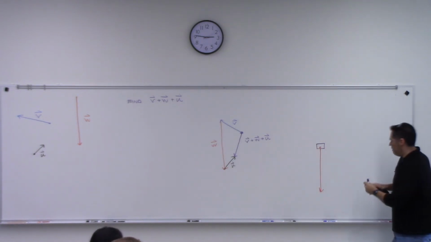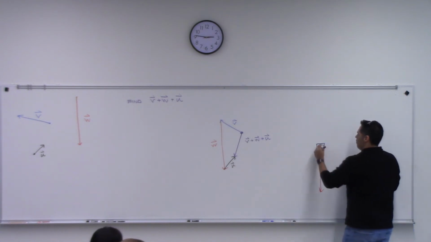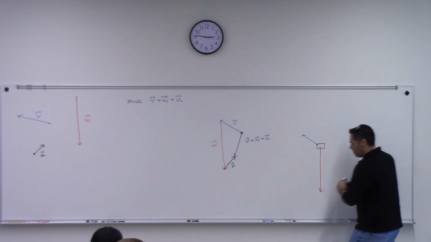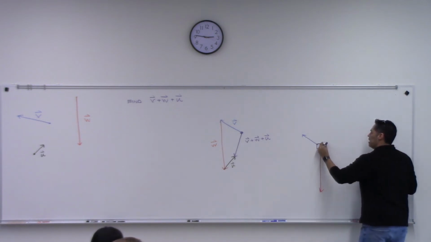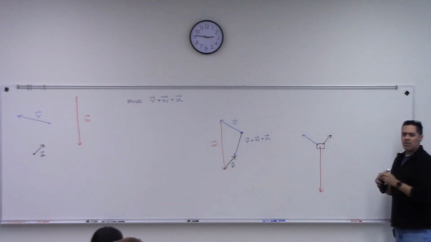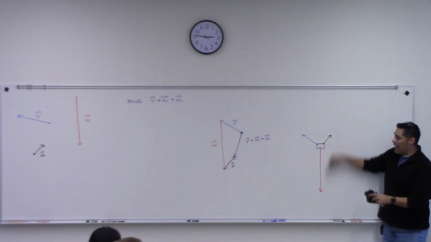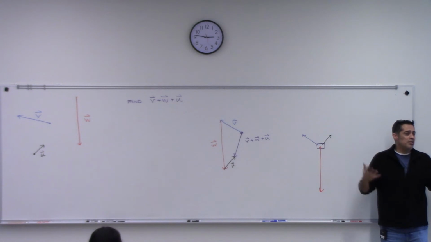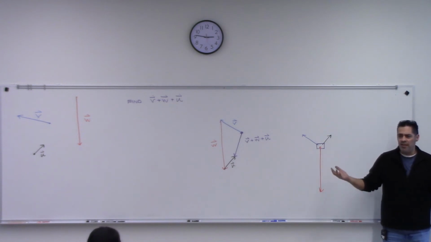And then we have some wire that's holding it over here. And then we have some other wire that's connecting it like this. And so what you have is gravity, this pulling this way, this pulling this way. And the question is, well, what's the result of all of those things together?